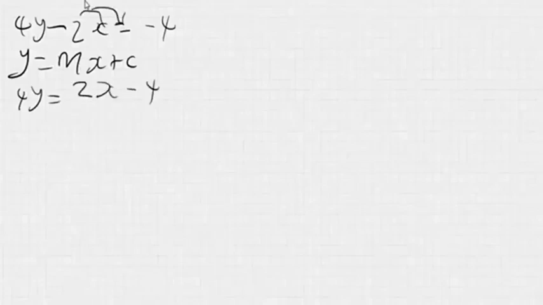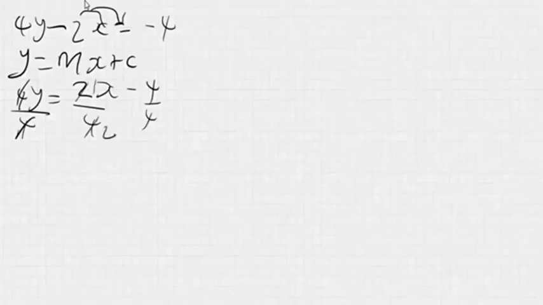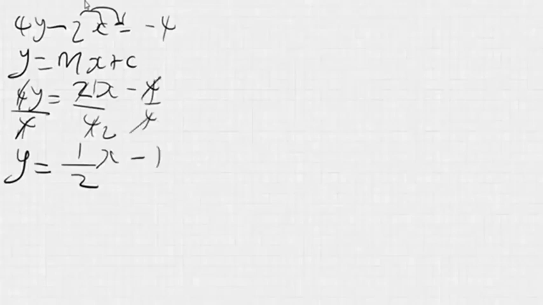So from this, let's make y the subject of the formula. Divide both sides by 4. Our y will now be 1 over 2x minus 1, because the 4 cancels, so we're going to get 1.